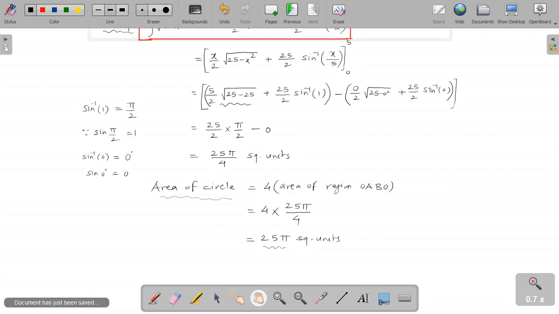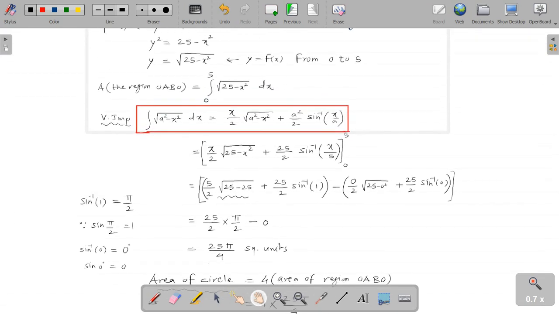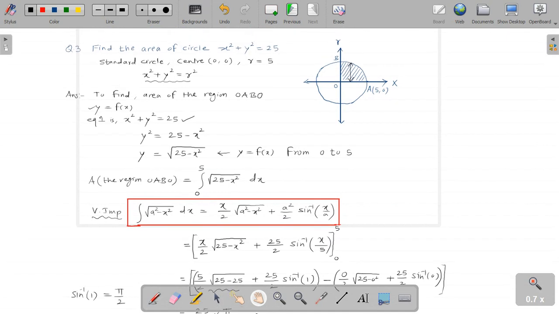See this carefully, draw the diagram and then decide how to find the area of the bounded region. The area must be bounded either by the x-axis or the y-axis. That's why here we have selected the quarter part of the circle, and then if you take 4 times of it, you will get the area of the total circle. Okay, thank you.